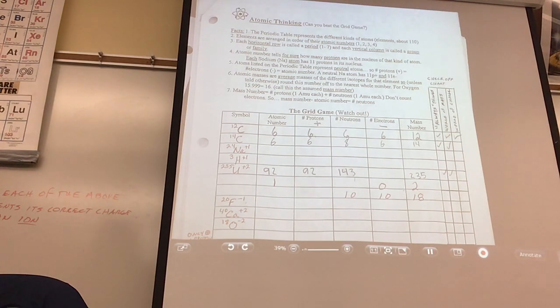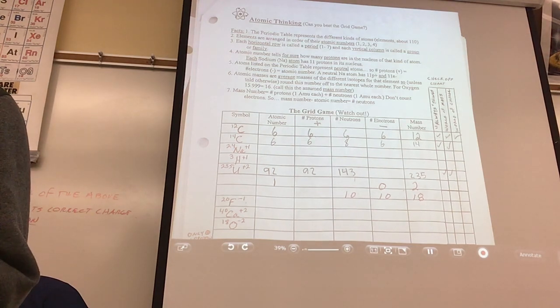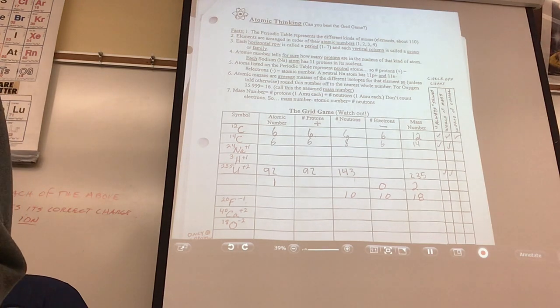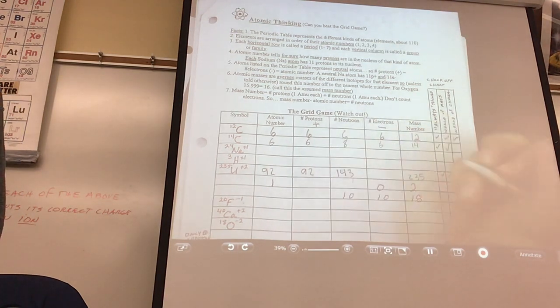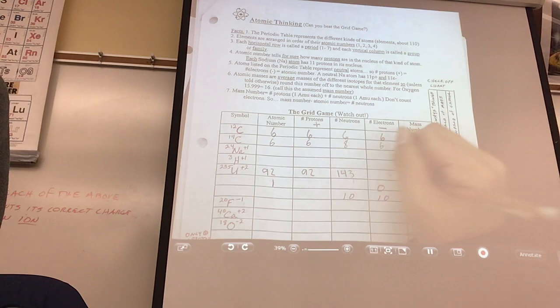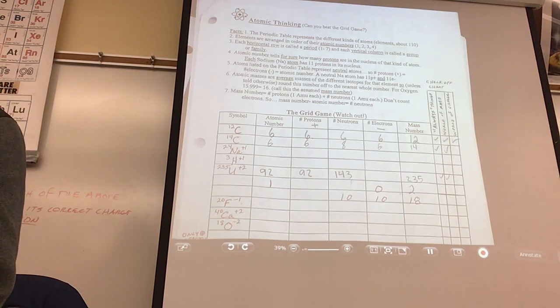Since there's a +2, there are more protons, so protons are ahead by 2. Wouldn't that just be 92? What are you going to write down there? Say it real loud.